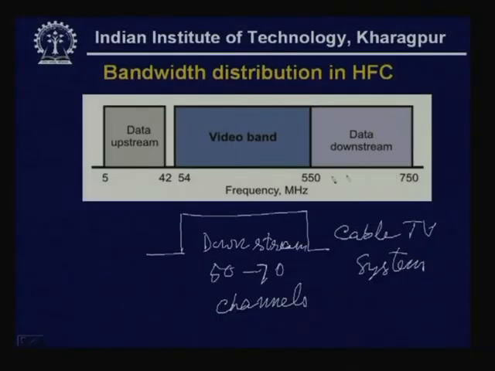On the other hand, large volume data flows from the internet to the users. As a consequence, you require higher bandwidth for downstream data compared to upstream bandwidth. That is why the upstream bandwidth is smaller, and we have seen a similar situation in DSL technology also.